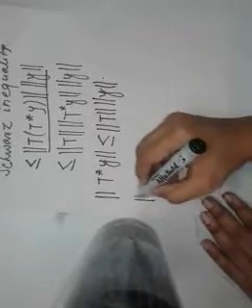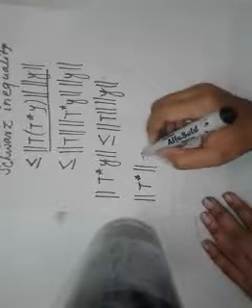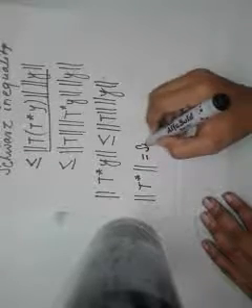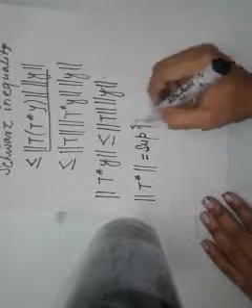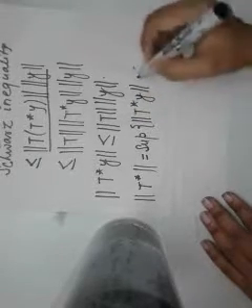Now we know by definition, norm of T star will be equal to supremum of norm T star y, such that norm of y is lesser or equal to 1.